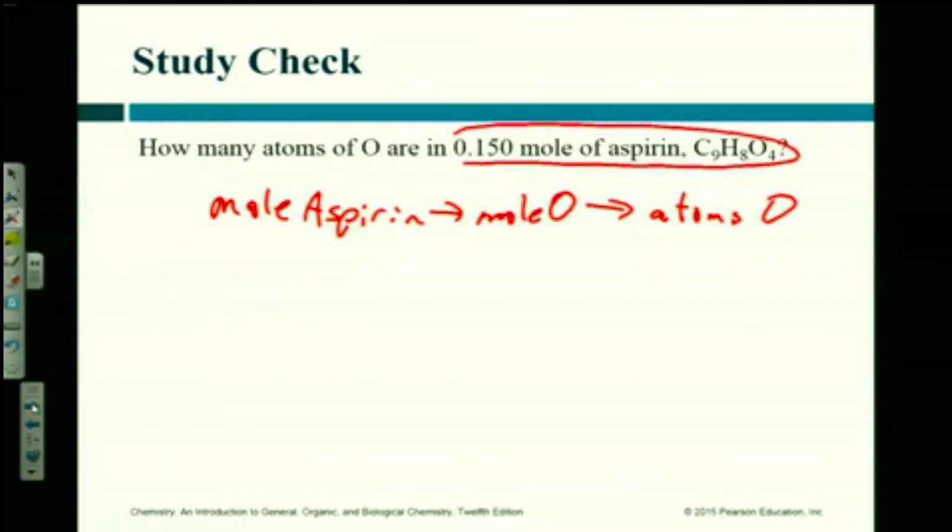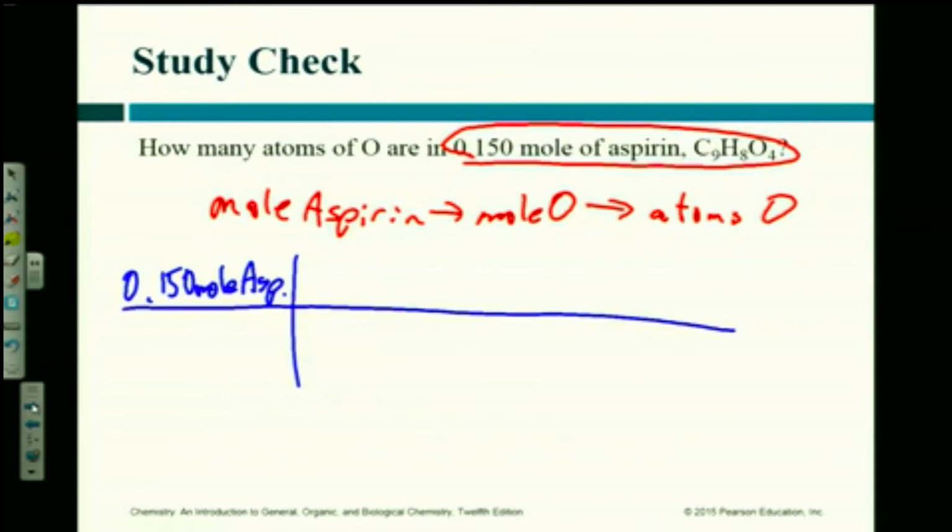We have moles of aspirin, right? So that's where we have to start. Well, what can I change moles of aspirin into? I could change it into molecules of aspirin, or I could change it into moles of oxygen, couldn't I?